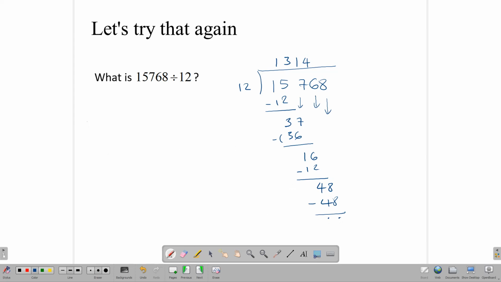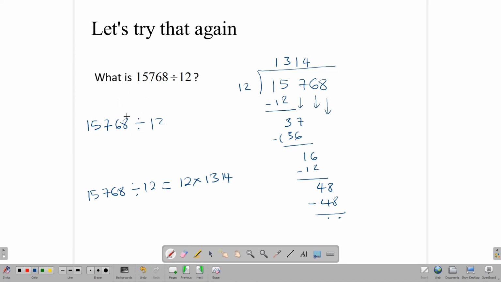And we can therefore say 15,768 divided by 12 is equal to 12 times 1,314. So in some cases, we get a remainder. In other cases, we get a zero remainder or no remainder. So this is how we use long division to divide numbers.